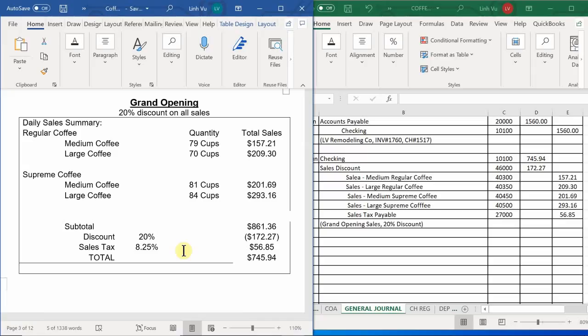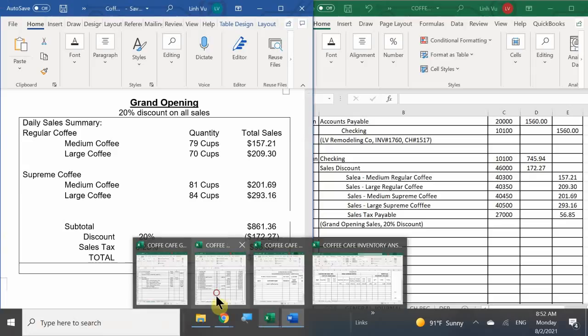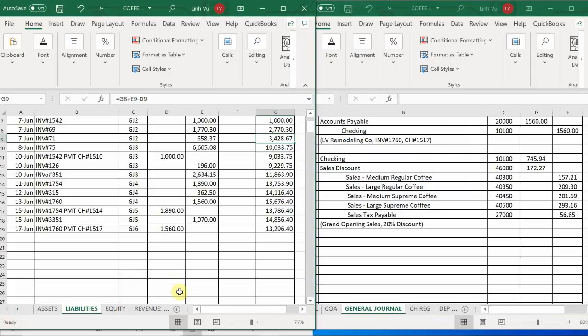Wouldn't we be going to the ledger next? Okay. Which account first? Checking.